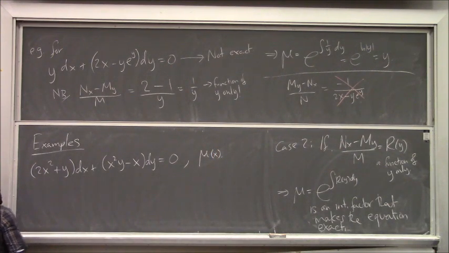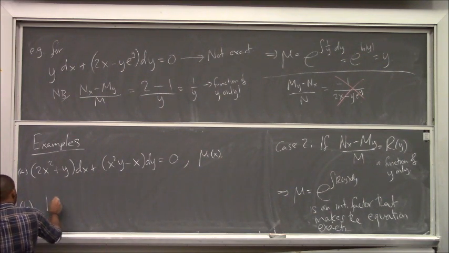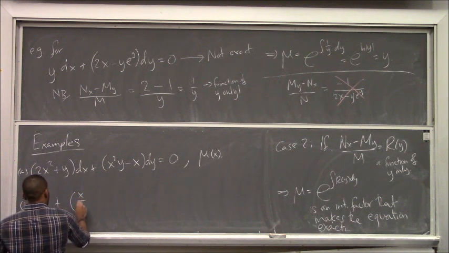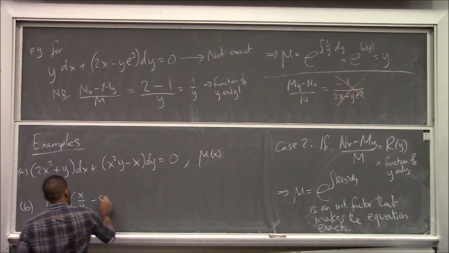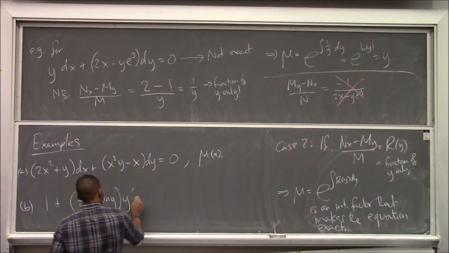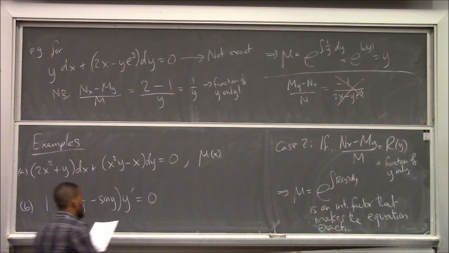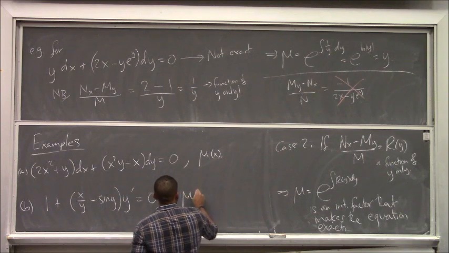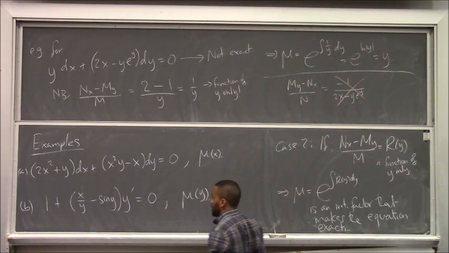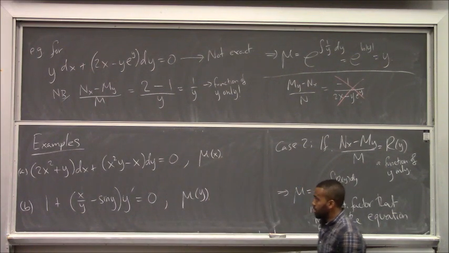Make it exact and solve. B: (1 plus x over y minus sine of y) y prime equals 0. It's not exact, but assume your mu is a function of y only, make it exact, and solve.